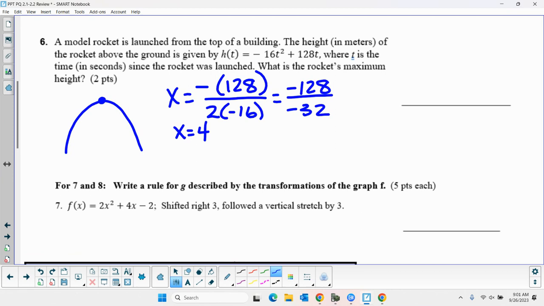Okay, so I need to put 4 in place of the t, because after 4 seconds, it's at its highest point.